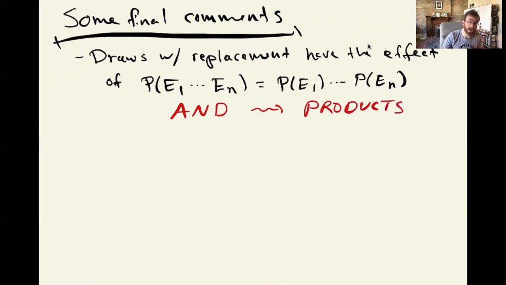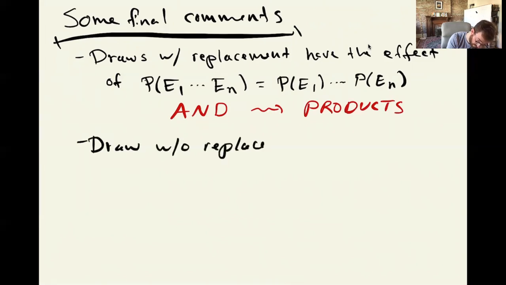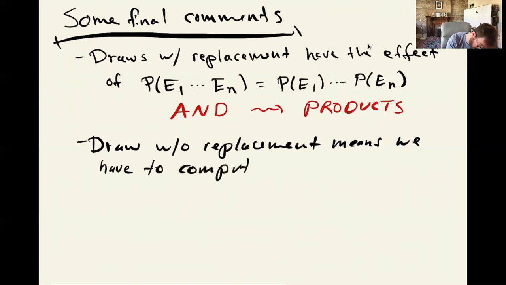So what happens if we draw without replacement? Maybe not the long way, but we need to compute them using some conditions.